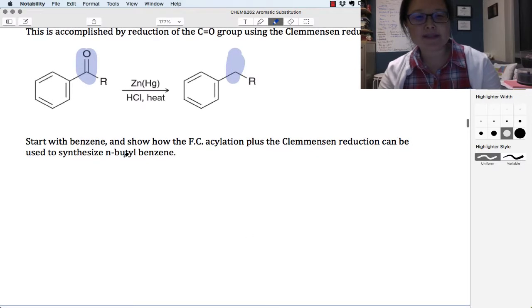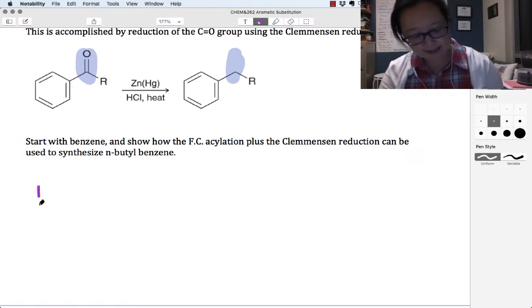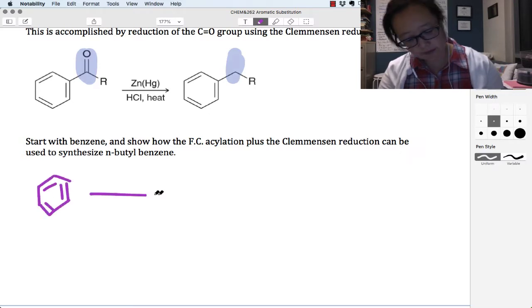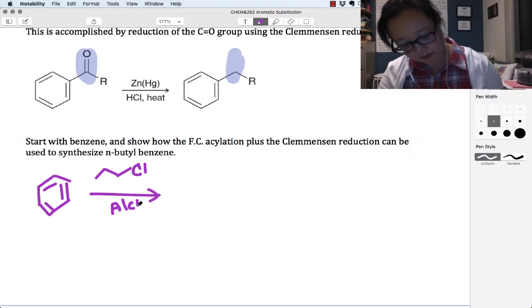So start with benzene, show how the Friedel-Crafts acylation plus this reduction called Clemmensen reduction can be used to synthesize n-butylbenzene. So first, let me refresh why this doesn't work with Friedel-Crafts alkylation. The reason why this wouldn't work with alkylation but will with acylation is because if I had an n-butyl, let's say chlorine or bromine and AlCl3, 1, 2, 3, 4.